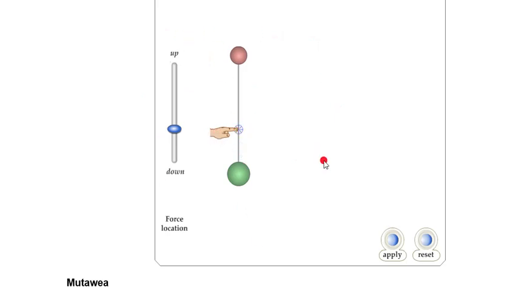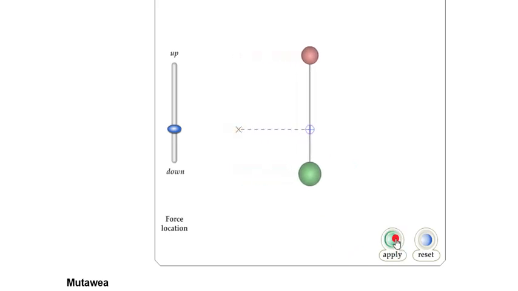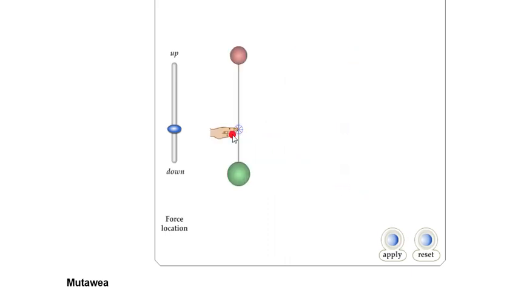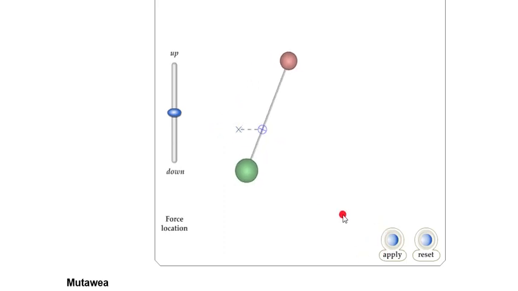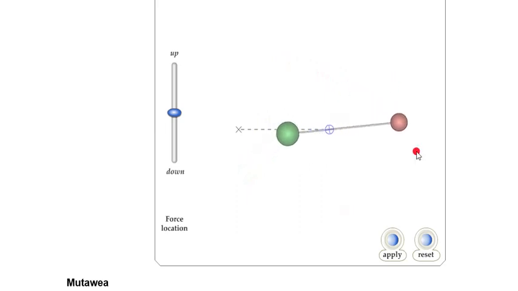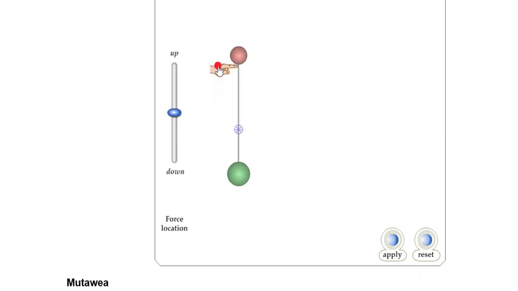If I push at the center of mass, or I push at the axis of rotation, what will happen? No rotation at all. Now, if I push away from the axis of rotation, like this, now there is a rotation, but they rotate slowly. If you want to increase their torque, I need to move my hand as far as I can from the axis of rotation.